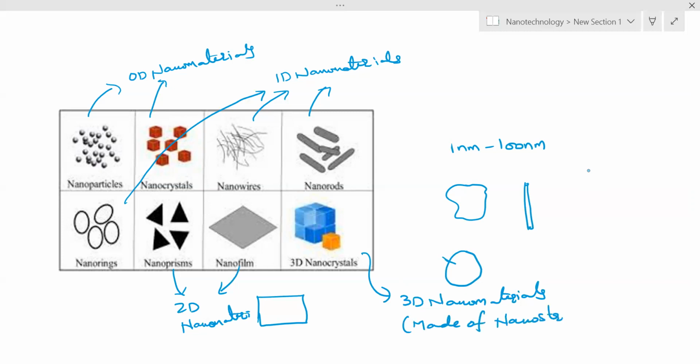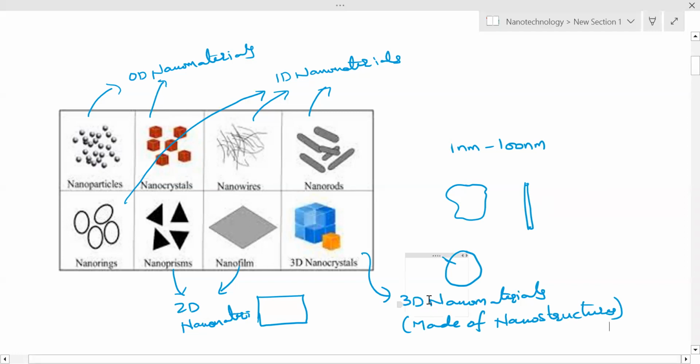Basically, the size will be greater than 100 nanometers in all three dimensions, but it is made up of building blocks which are nanomaterials. So this is how we can categorize nanomaterials based on dimensions like 0D, 1D, 2D, and 3D. Nanotechnology deals with materials in the range of 1 nanometer to 100 nanometers.